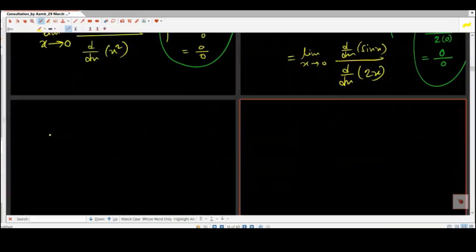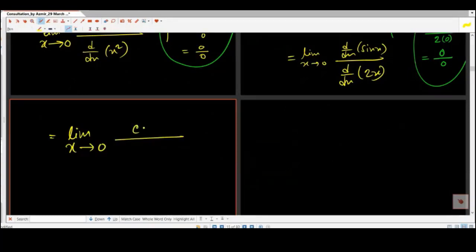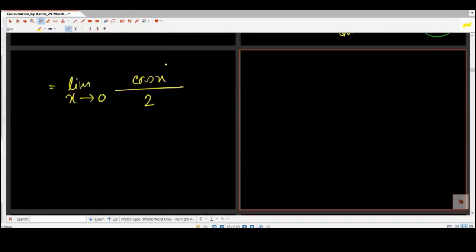So limit x approaches to 0, differentiation of sine x is cosine x, differentiation of 2x is 2. So now you can obviously see that in denominator we have 2. So there is no possibility of having 0 over 0 or infinity over infinity.